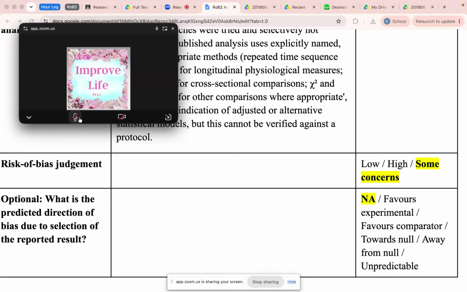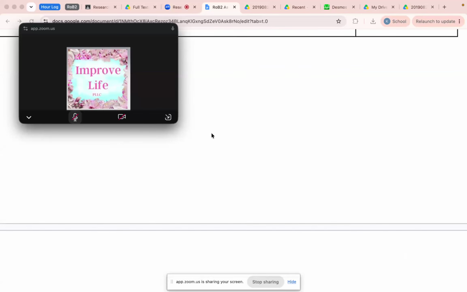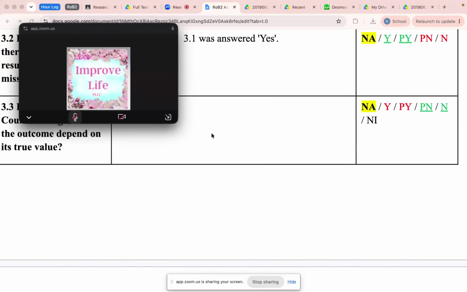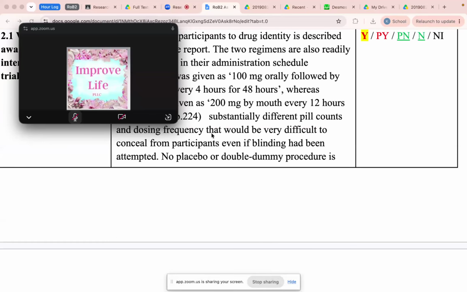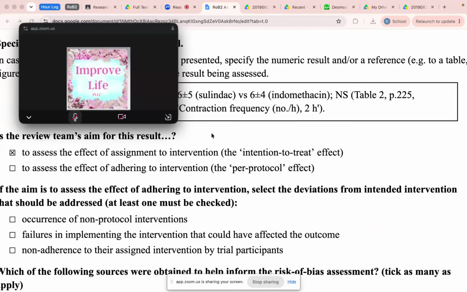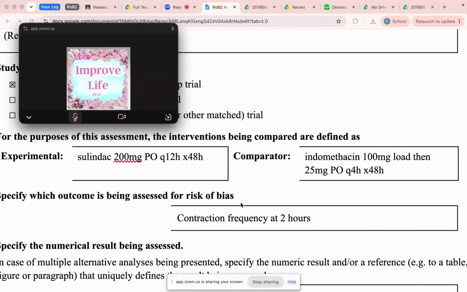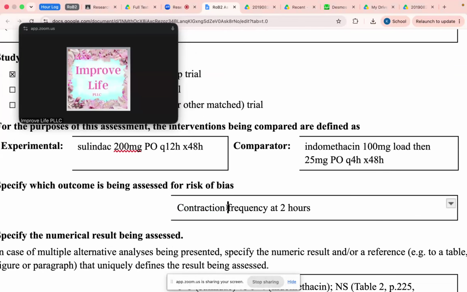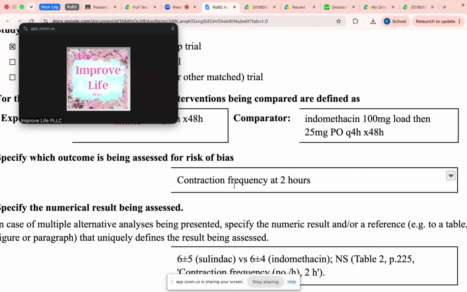Now, my question is, was the first outcome just effectiveness of tocolysis, or was the first outcome specifically contraction frequency at 2 hours? Because I don't think that we're required to really break it down into 30 different outcomes. I think tocolysis success in general could just be one outcome.